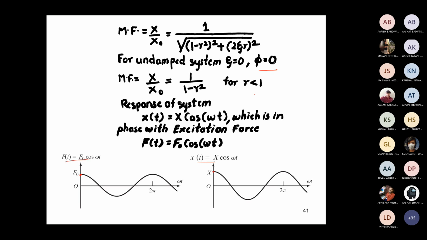Now what will happen when r is greater than 1? When r is greater than 1, the denominator becomes negative. So the response x of t is on the other side, so it has to be written with a negative sign: minus x cos omega t. It is in the direction of the negative axis.